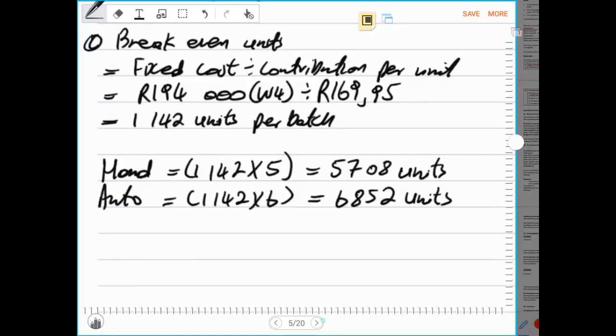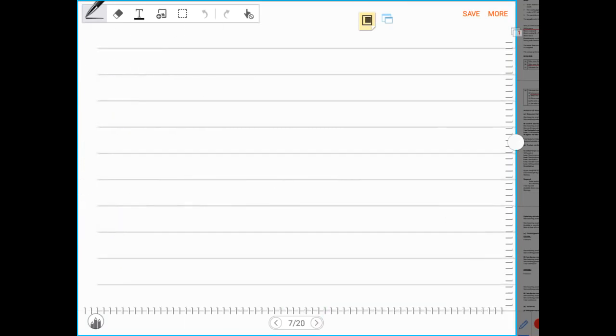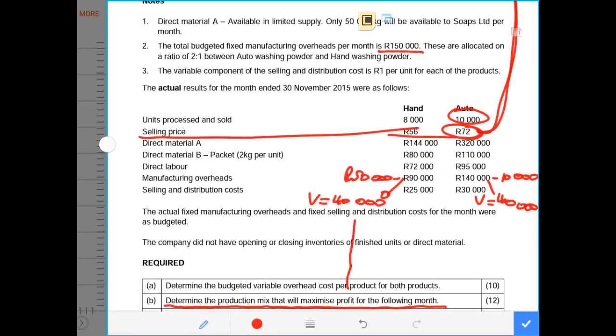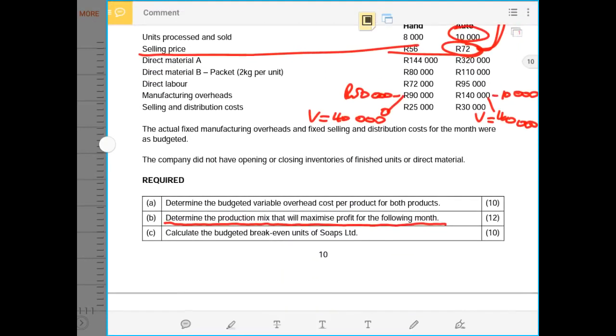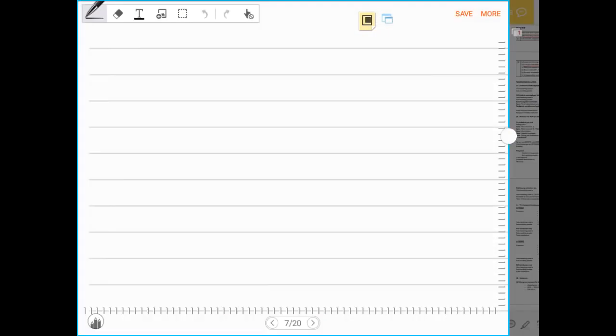So we start on a new page so that all of this requirement is only on one page. This was requirement number D. Just to confirm that, requirement number D. Then under number D, we have one being sales price variance.